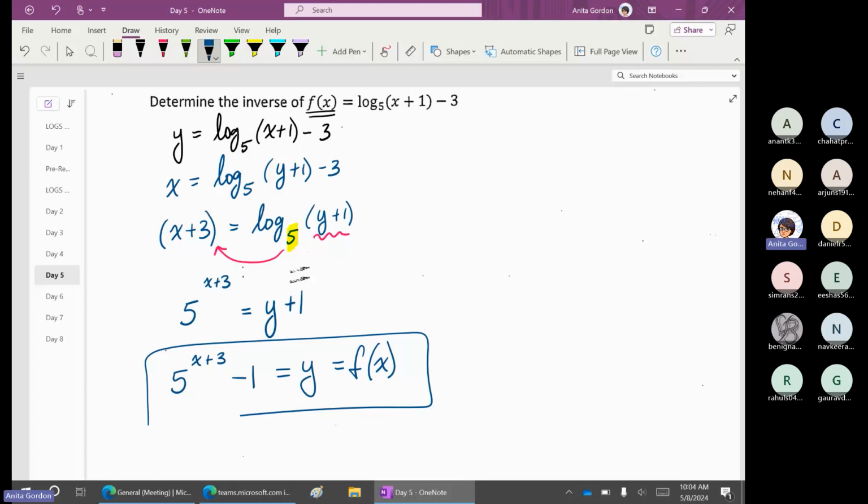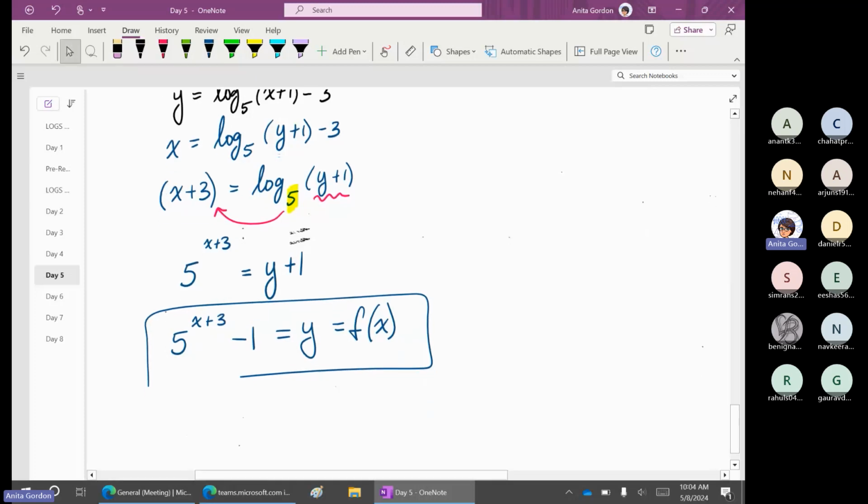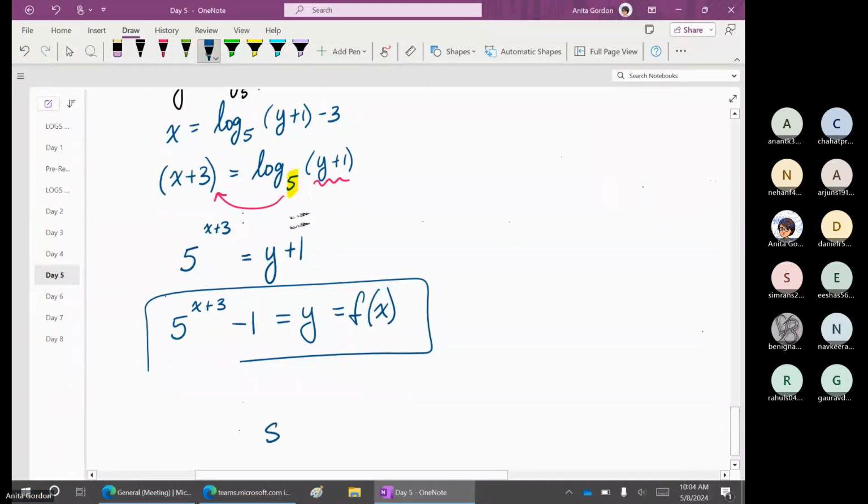What you want to do is go back to section, I think the title is section 4.2, numbers 6 to 13. I'm just going to write it on here. Section 4.2, numbers 6 to 13.